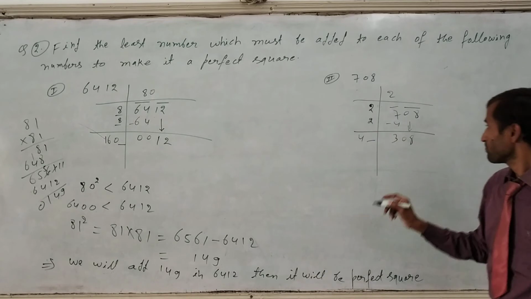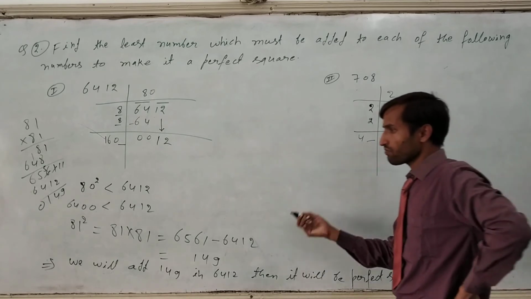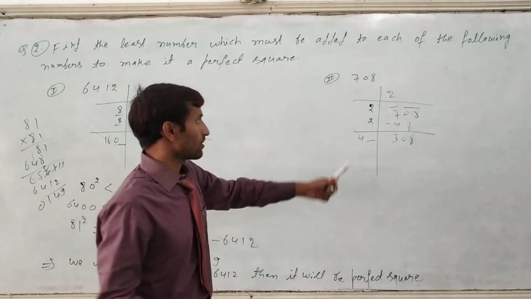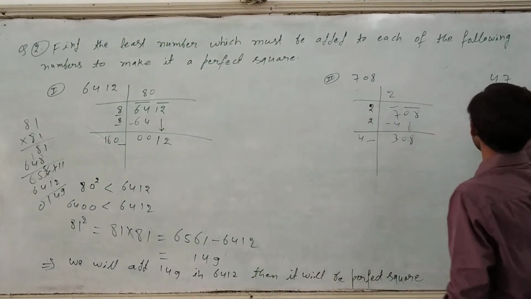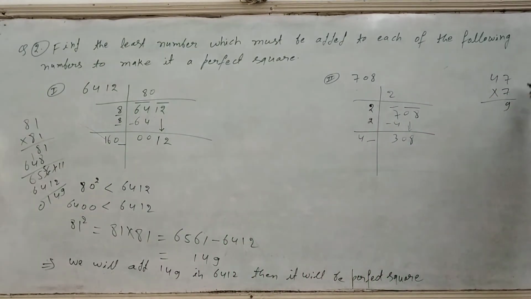Okay, so after that by which number we have to multiply here, we have to decide. Just see here, 4 7s are 28, 4 8s are 32, then it will be greater. Then you apply here 6: 6 6s are 36, 6 carry 3, 6 4s are 24, then 27. 6 will come.